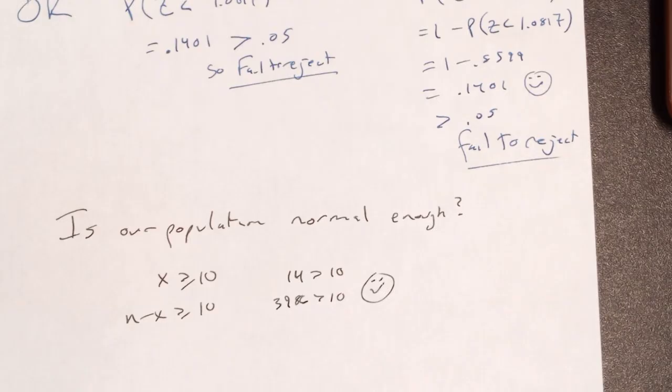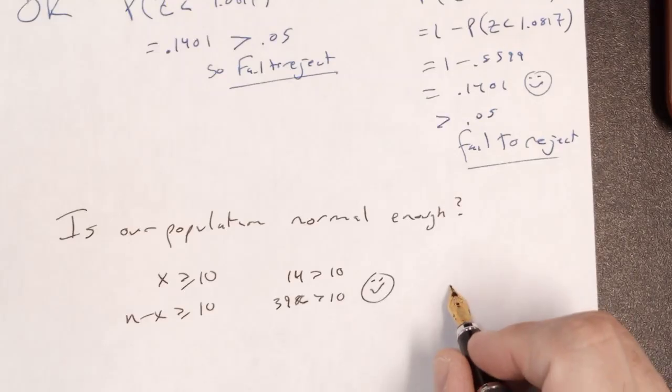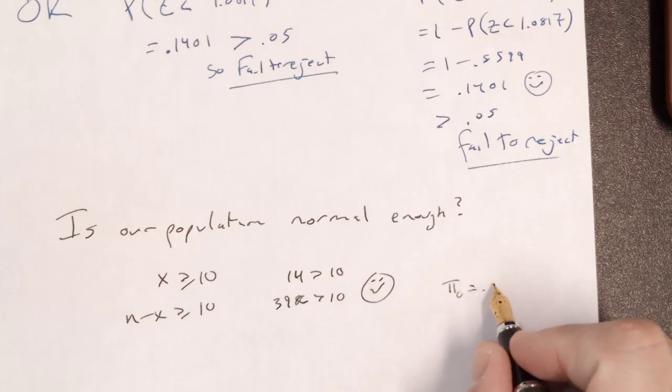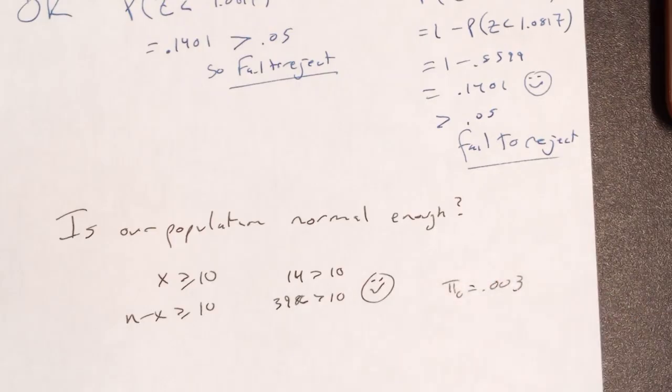But even if I didn't know what those numbers were, I could look at the benchmark. My benchmark was 0.003, right? And how many syringes did we get in our pile? What is 0.003 times 3,500?